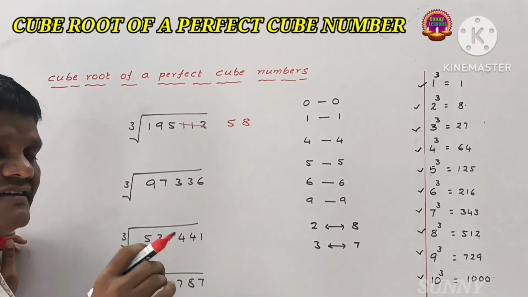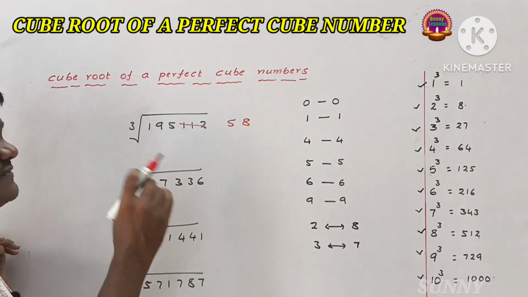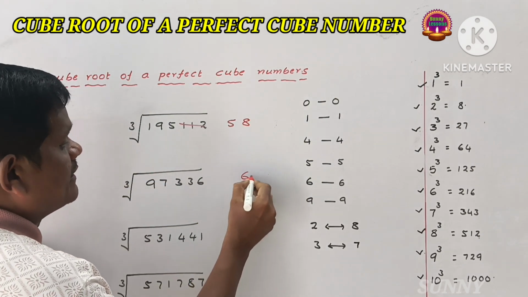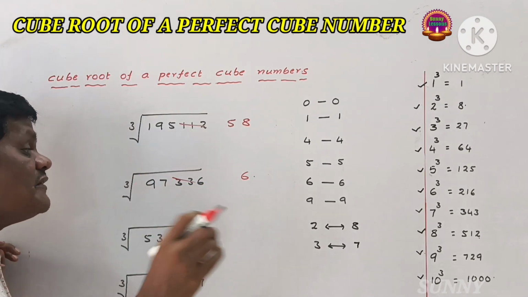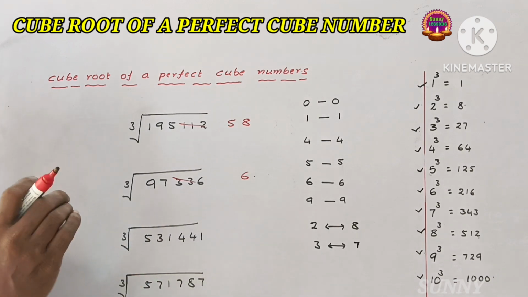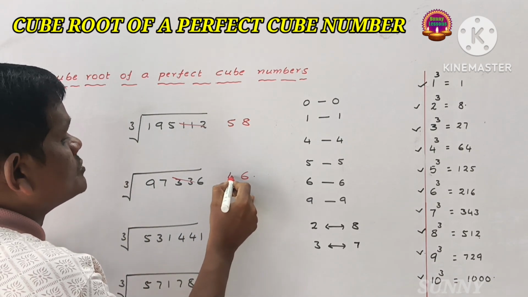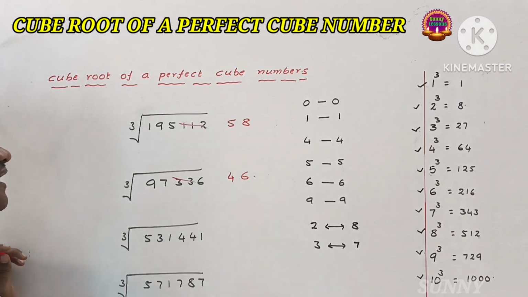Cube root of 97336: check when the perfect cube number ends with 6. It is 6. Strike out the last 3 digits and check the nearest perfect cube number of 97 and less than 97. That is 64, means 4 cube. So cube root of 97336 is equal to 46.